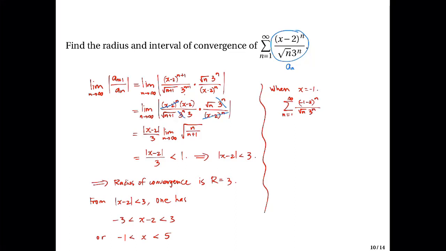This simplifies into the series negative 1 to the n over square root of n from 1 up to plus infinity. Let me label this as star. Now, star is an alternating series.